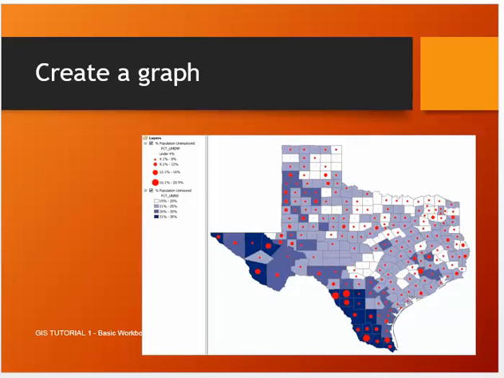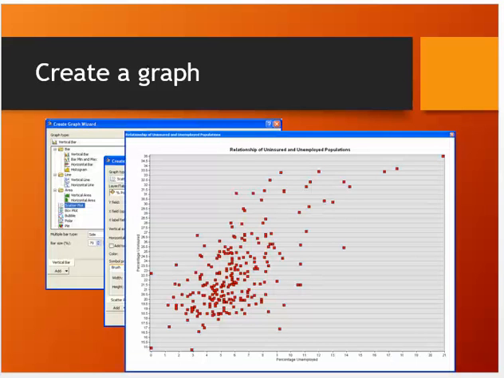You can create graphs out of the data. This is an example of some pie charts. Actually, no, excuse me. That was a couple of different data items by county in Texas.